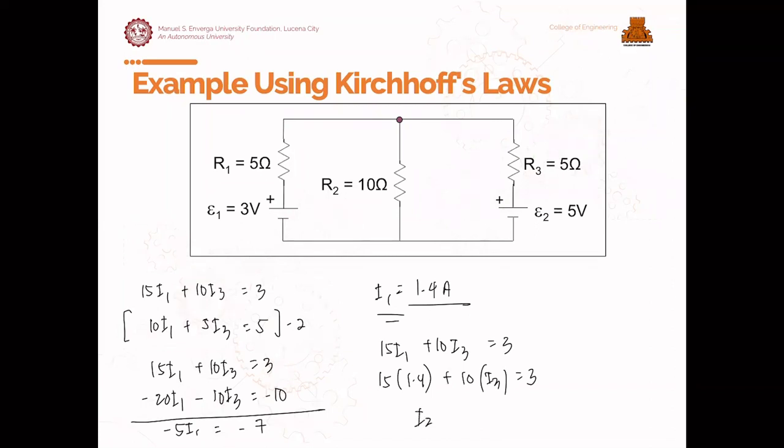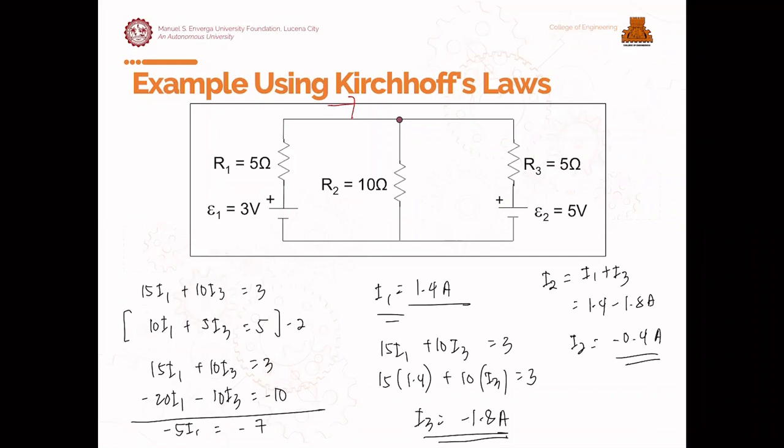So I3 is negative 1.8 amperes. Okay. Then si I2 will be I1 plus I3. That will be 1.4 minus 1.8. So I2 is equals to negative 0.4 amperes.